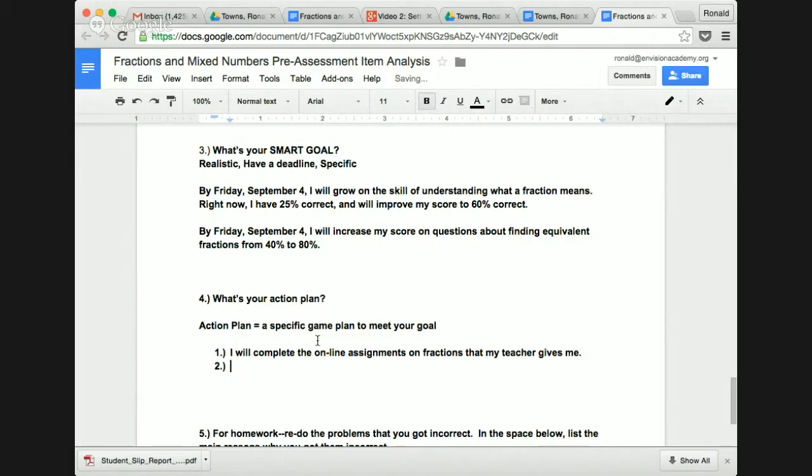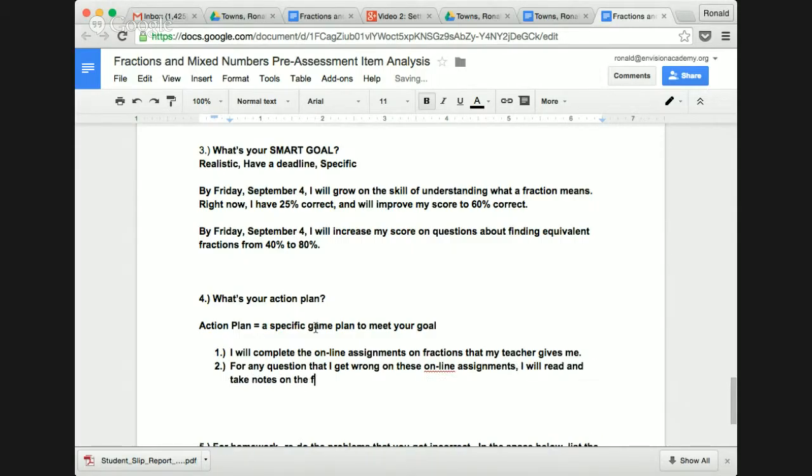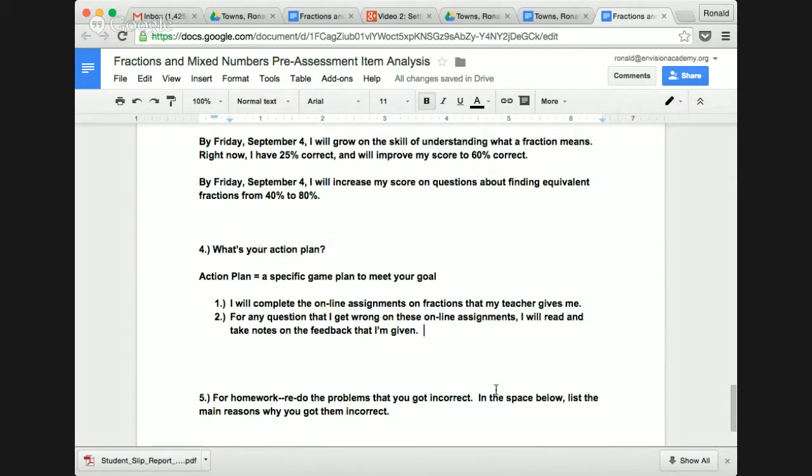Another specific goal is, for any question that I get wrong on these online assignments, I will read and take notes on the feedback that I'm given. What this means is, when you get something wrong on an assignment on the computer, they give you feedback, and you'll read and take notes on it. What's the point of that? To get better and learn from your mistakes.